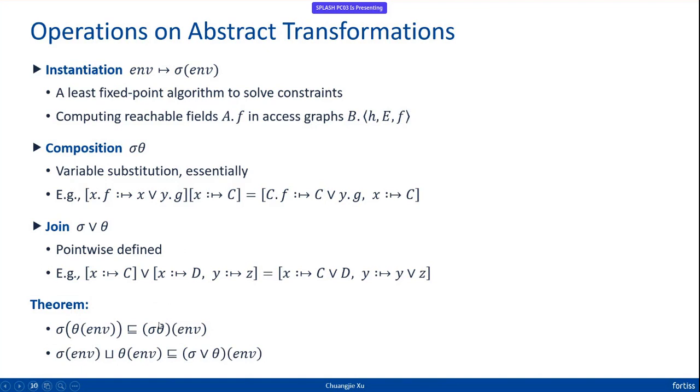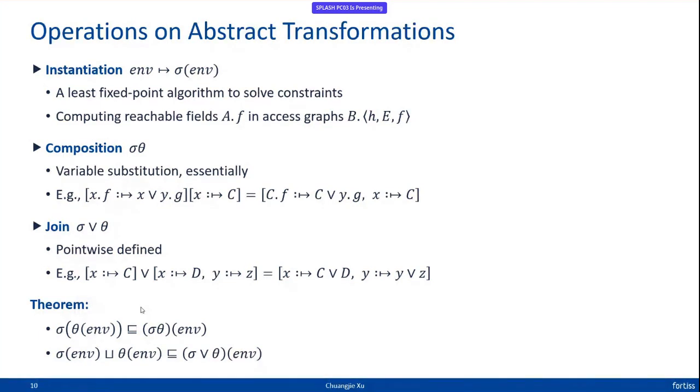This does not affect anything about the soundness of our typing algorithm, because if you look at the left-hand side here, this is essentially what happens in the previous typing algorithm. It will say, I want to compute the type, so I need to start from the beginning of the graph, and then I update the type again and again sequentially, right? But the right-hand side is saying that, no, I don't want to do that one by one.